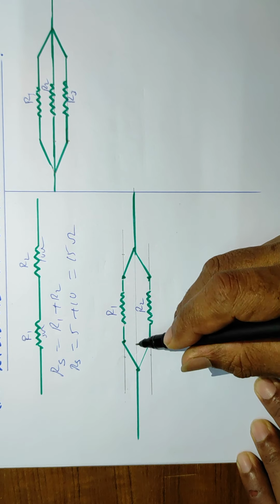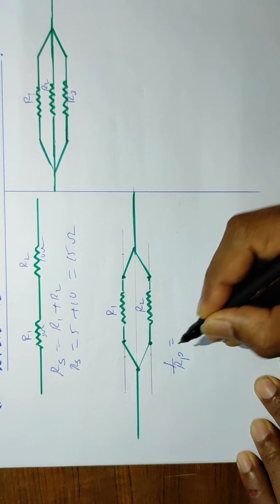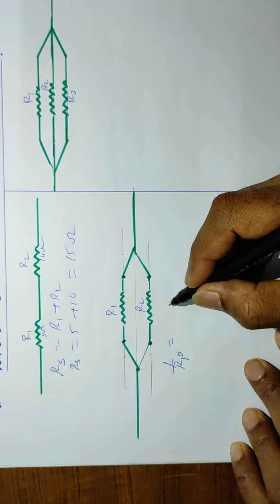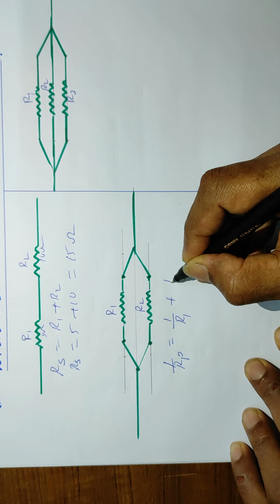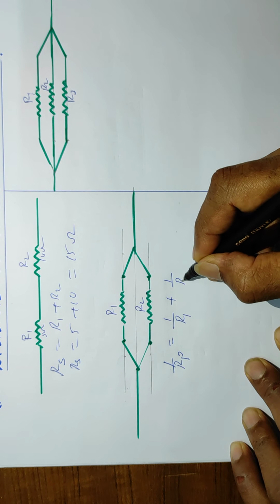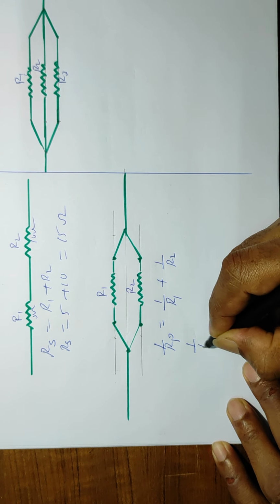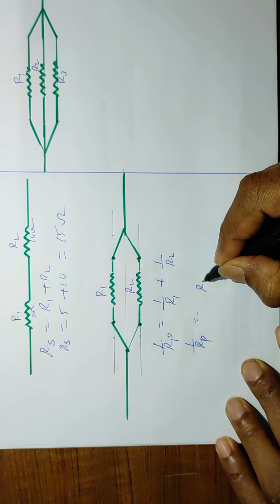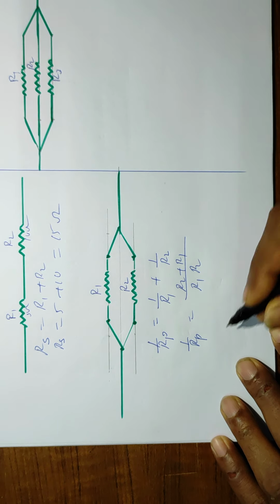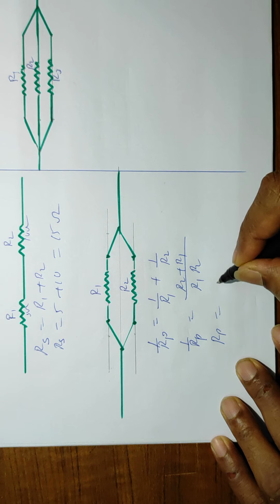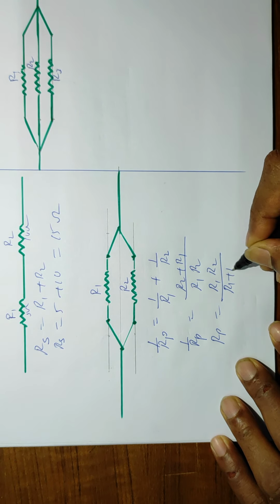We know that the reciprocal of the equivalent resistance of the combination is equal to sum of the reciprocals of individual resistances. So on simplifying this, 1 by Rp is equal to R1 R2 is the LCM. On taking the reciprocal once again, it becomes R1 R2 by R1 plus R2.